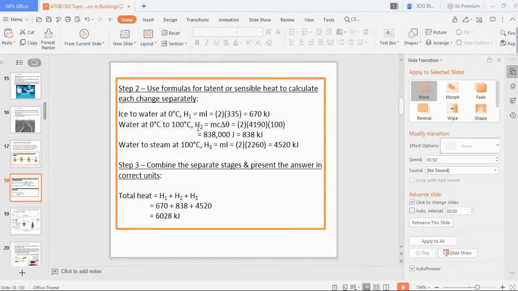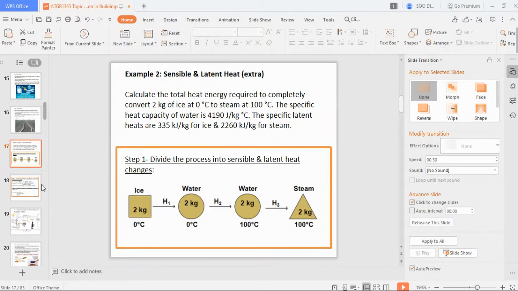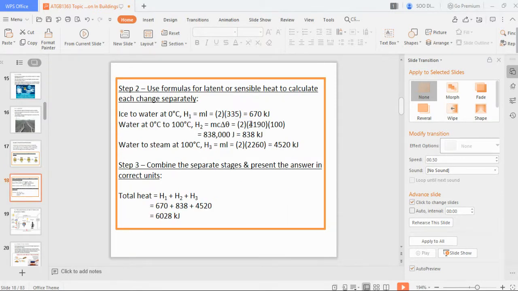For the increase in temperature, you use this formula: H equals mass, the heat capacity of the water, C, and then the difference in temperature. You want to heat it from 0 to 100, so you just use 100 minus 0 and you get your value for the heat.